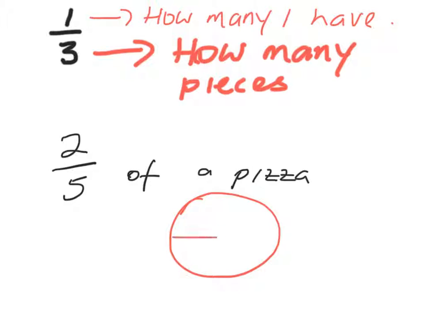You're going to have something like this. So you have 1, 2, 3, 4, 5. Now they're not equal in my image, but just imagine that they are equal. 2/5 means the pizza is divided into 5 pieces, and I'm interested in, or I have 2 of these pieces. So that's 2/5 of a pizza. Okay, divided into 5, and I take 2. That's really what a fraction is.